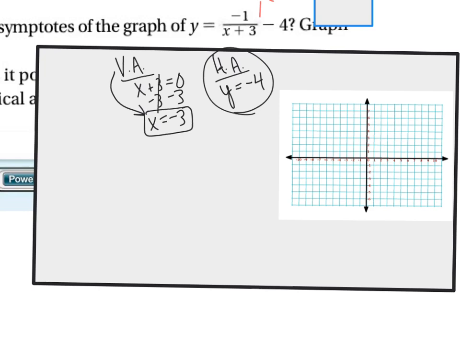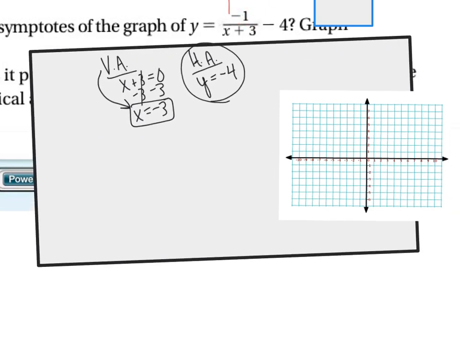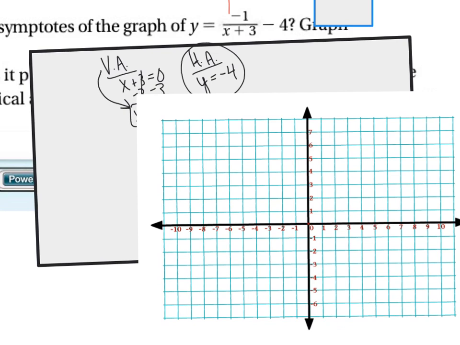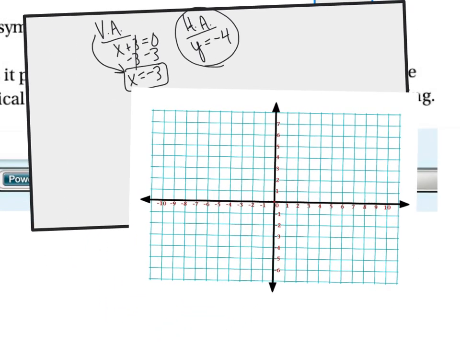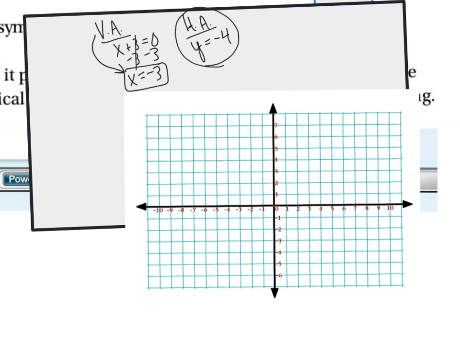So if you wanted to, before you got going on picking your points, you could actually draw out your asymptotes. So x equals -3, that's our vertical asymptote. So you could draw a dotted line. You don't have to use a different color, I'm just doing that for emphasis to make sure everybody can see that.